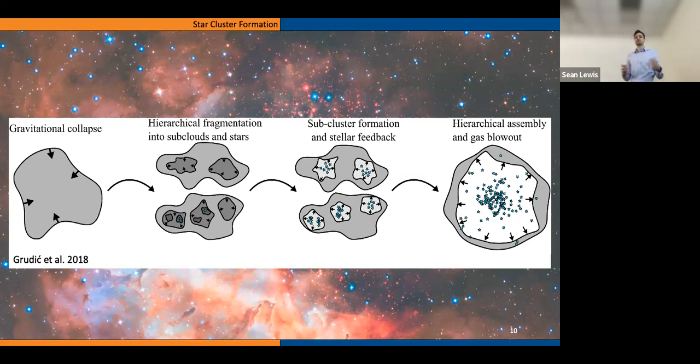Those stars that form, some of those are massive enough to have significant feedback, which ends up dispersing the gas within their general areas. You can see that happening here. They're blowing out little bubbles, blowing away the gas in their vicinity. And those subclusters will, again, hierarchically assemble into single large clusters. And then the feedback process will continue to blow gas away, ultimately resulting in the end of the formation of this cluster.